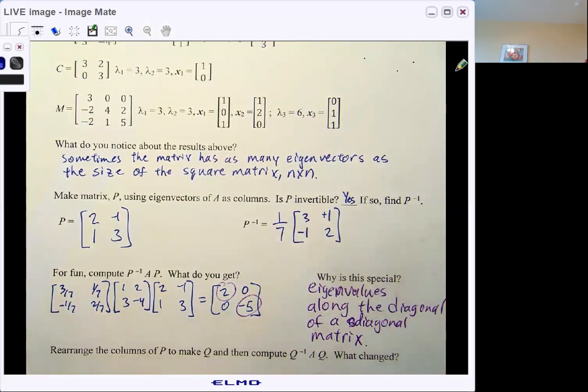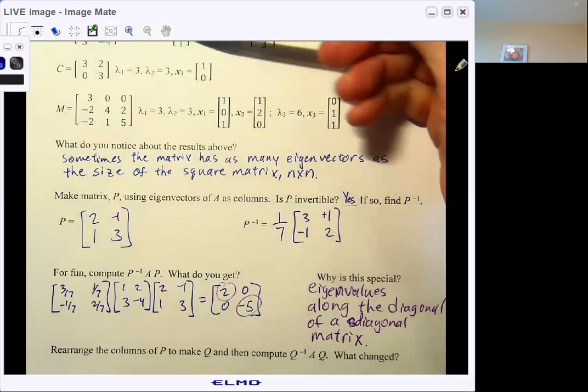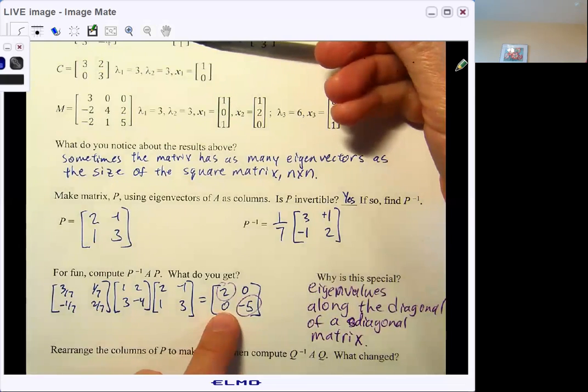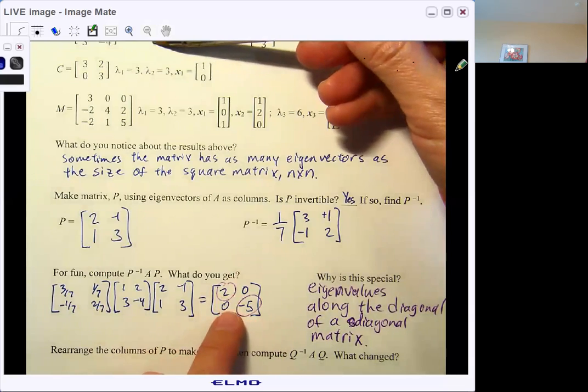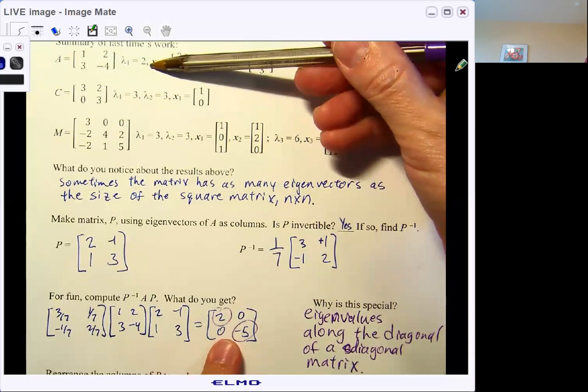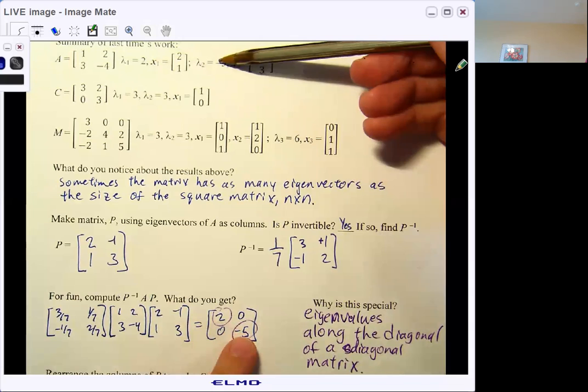So when we did P inverse AP, where P was the eigenvectors, we got back the diagonal matrix, and the entries were the eigenvalues.